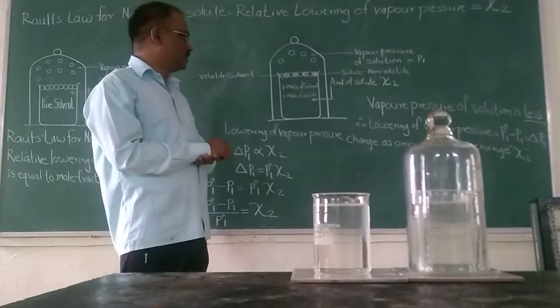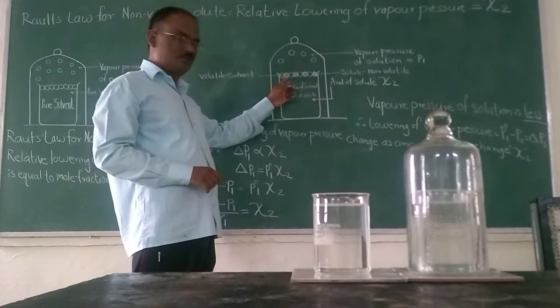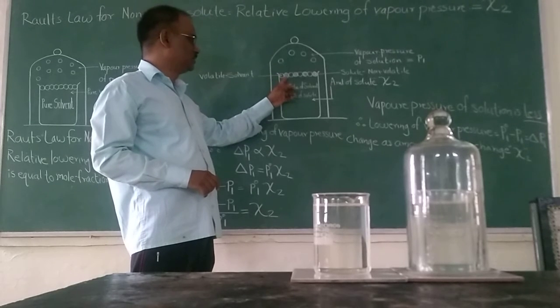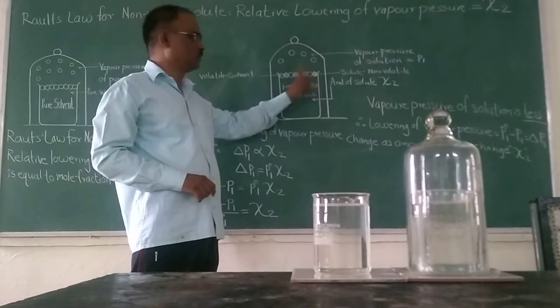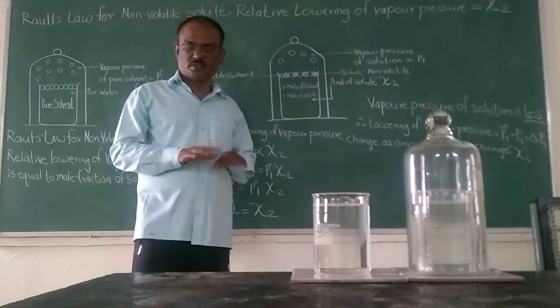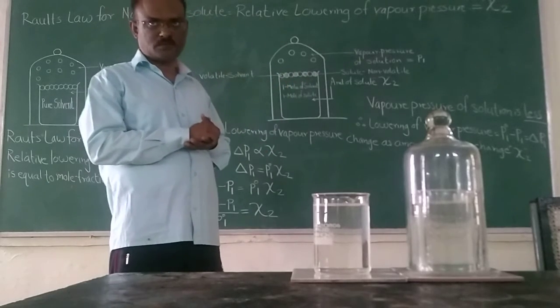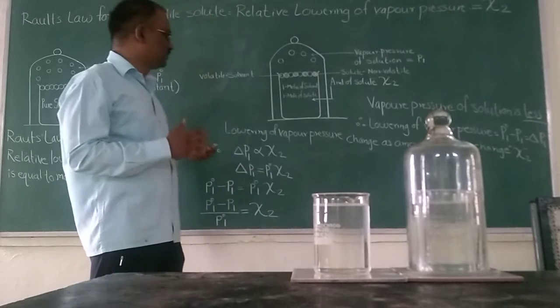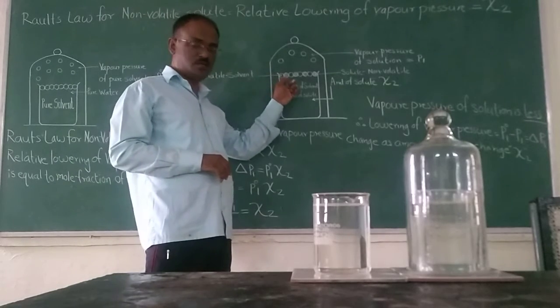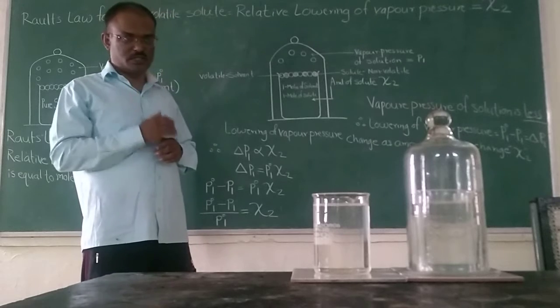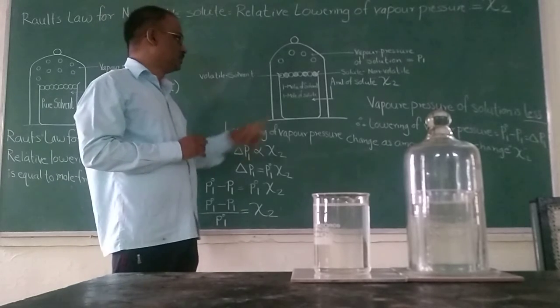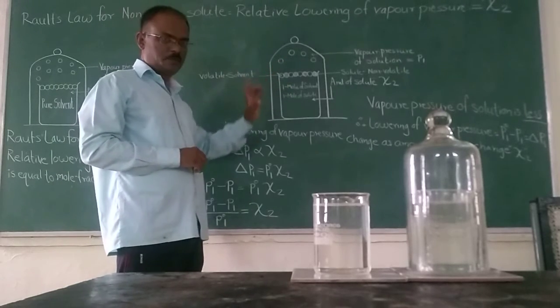So here what will happen? The solute molecules, that means the sodium chloride, are shown in the dark circle. So 1, 2, 3, 4. They will not get converted into the vapor state. Why? They will not get converted into the vapor state because they are non-volatile. Okay. So the first concept, that is the non-volatile solute. So it will not go into the vapor state.